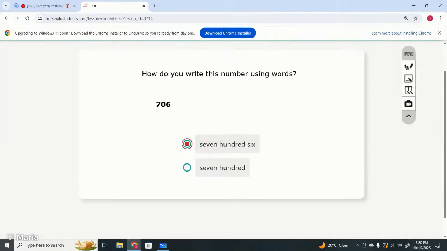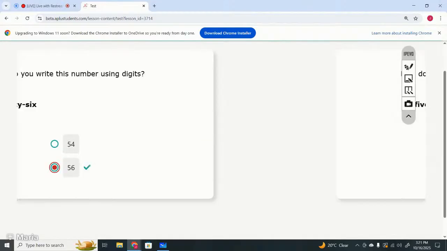That is 706. Option number 1 is the correct option. How do you write this number using digits? 56. Option number 2 is the correct option, 56.